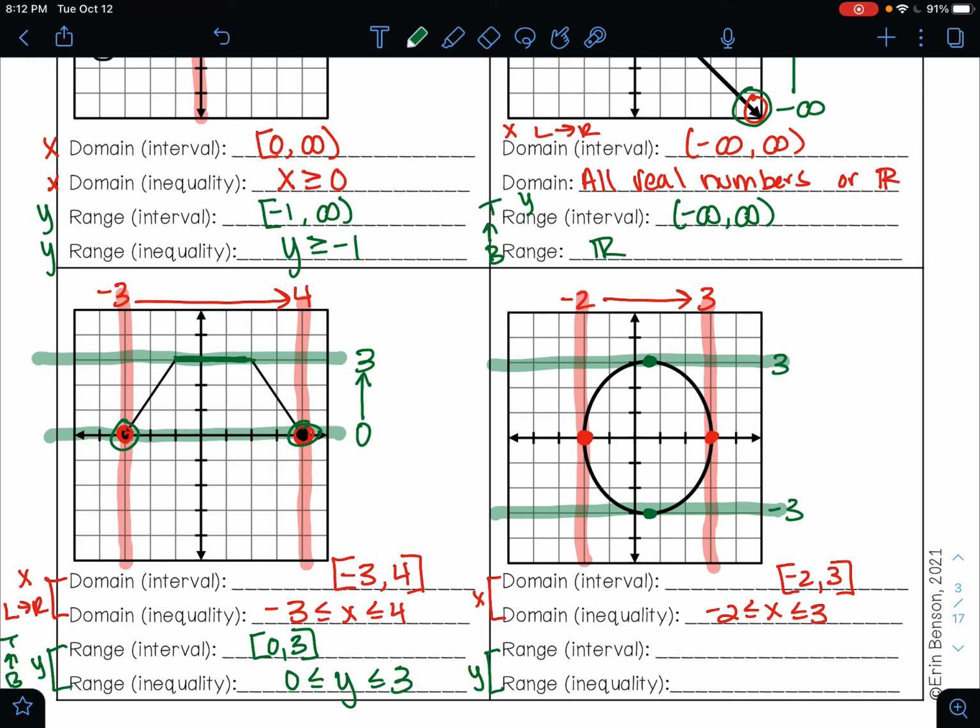So my range from the bottom of my graph to the top of my graph is from -3 to +3. -3 gets a bracket because it is on a solid line. +3 gets a bracket because it is on a solid line. As an inequality, my range would be -3 is less than or equal to y is less than or equal to 3.